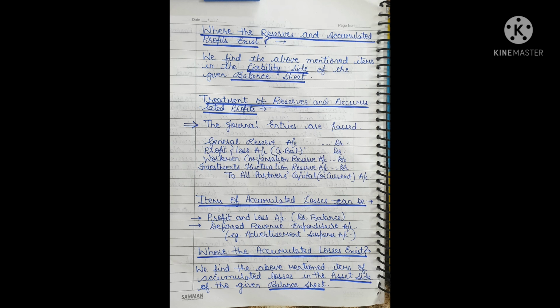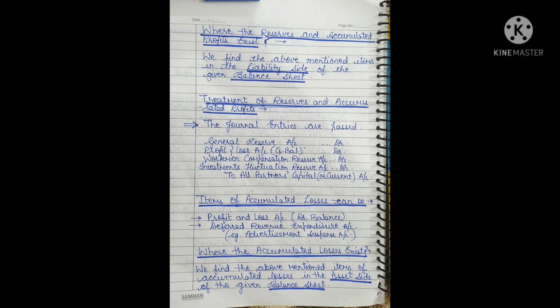A journal entry is passed separately for all these items, or we can also pass a compound entry altogether for all these items of reserves and accumulated profits which are there on the liability side of the given balance sheet. Here it is given in this picture that we can pass the journal entry as general reserve account debited, profit and loss account credit balance debited, workmen's compensation reserve account debited, investments fluctuation reserve account debited, to all partners' capital or current accounts.